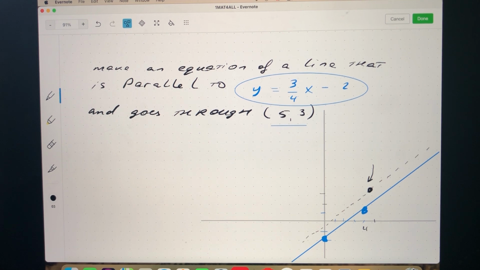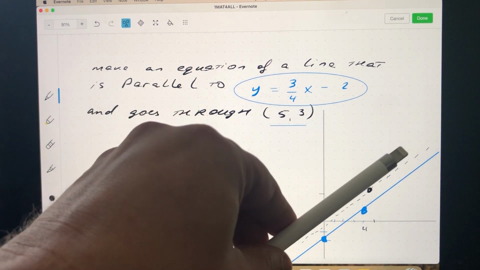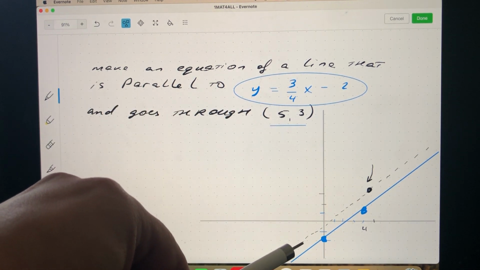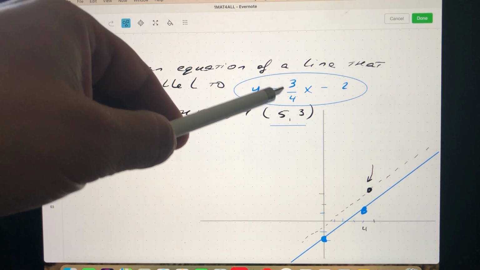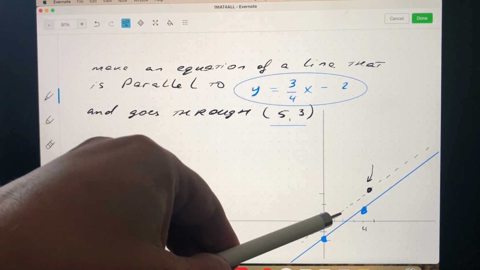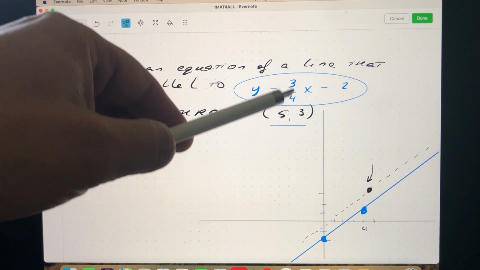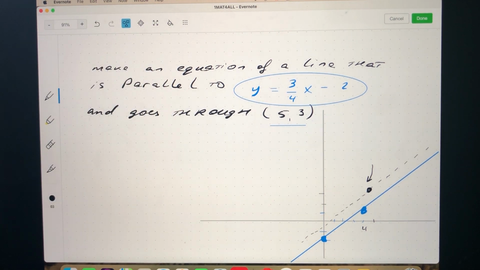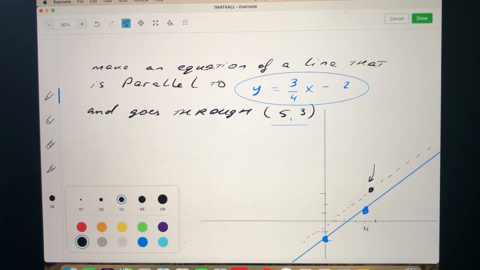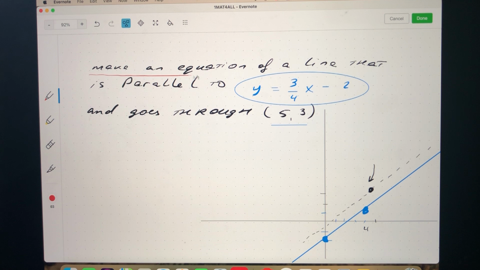So how do we find an equation of a line that is parallel? Well, if the two lines are parallel, we know for sure that their slopes would be the same. So the slope for the black line has to be the same as the slope for the blue line, and we know that to be 3/4. So when somebody asks, make an equation of a straight line, we know that equation is going to be in the form y equals mx plus b.